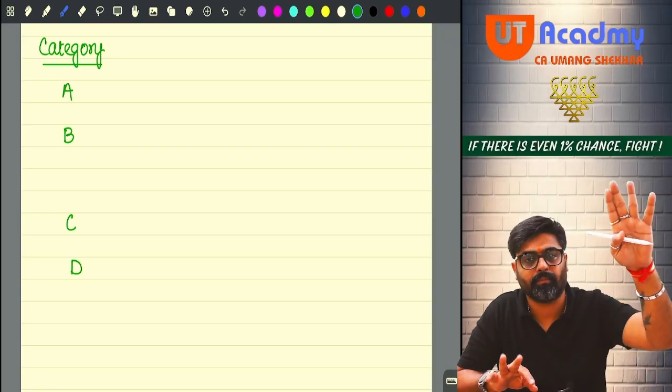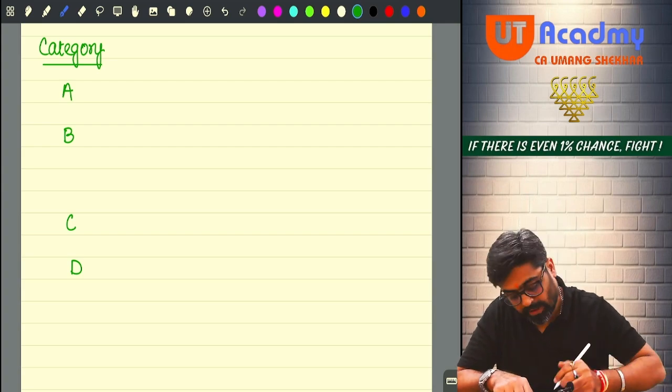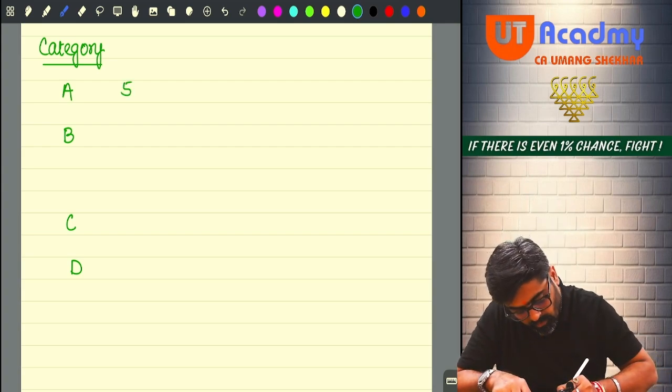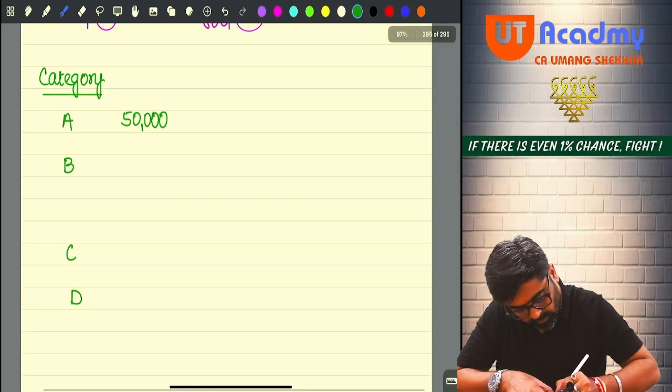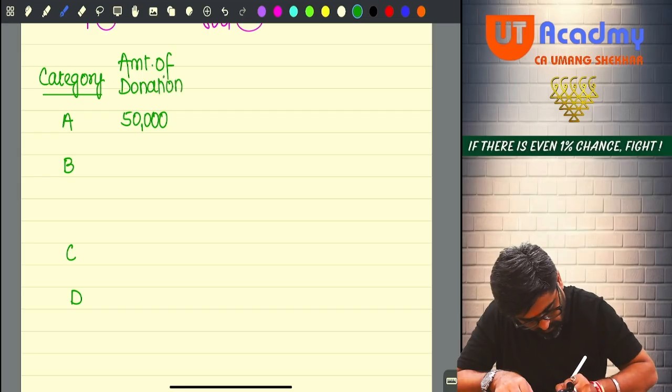Okay. For example, Category A institutions are there and you are donating 50,000 rupees. This is the amount of donation.